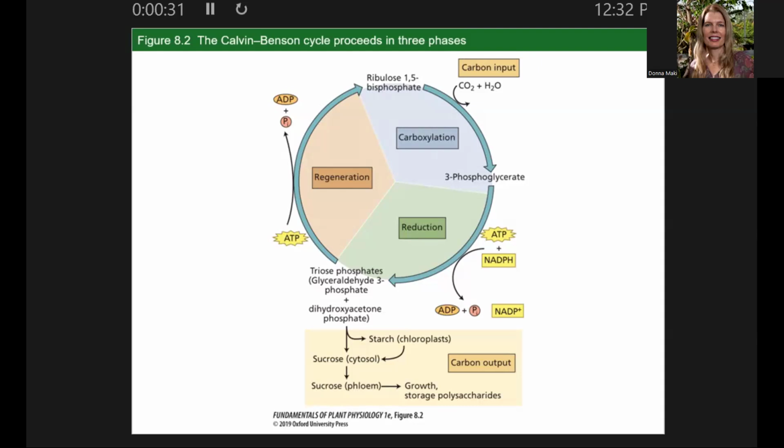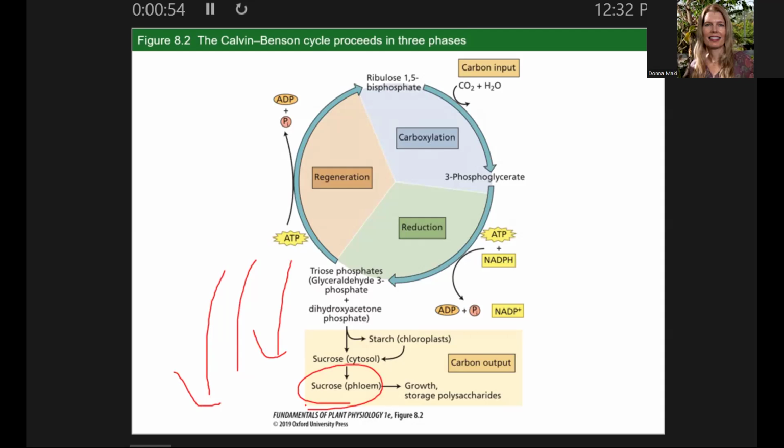And as that's happening, you get some of this G3P getting sent off into the cytoplasm where you can make sucrose. That's one huge goal, is that some of that G3P will get sent for sucrose production, and that's happening out in the cytoplasm of the cell.